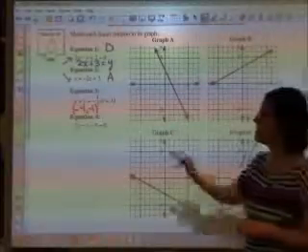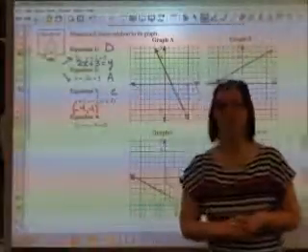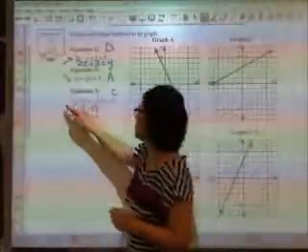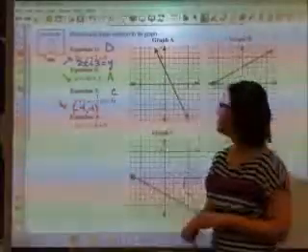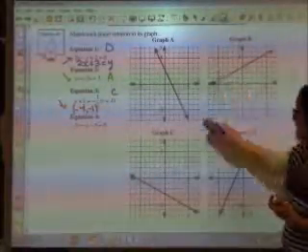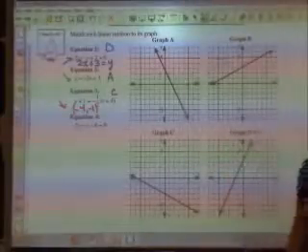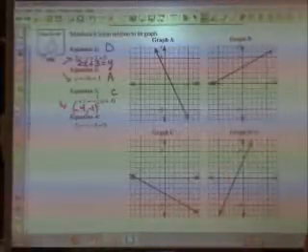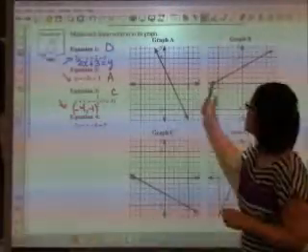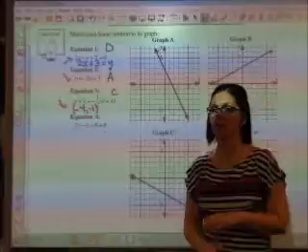Only on C. And what's the slope of C? -1/2. It's negative, which means it has to be going down. So that eliminated B from a choice. So I didn't even actually need the point. I could have looked at the slope and said it can't be B. Okay? So that leaves graph B having to be equation 4.